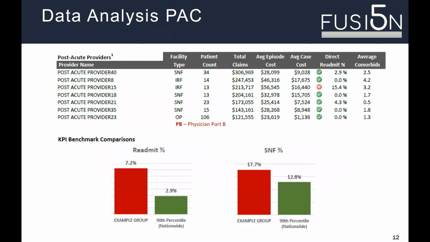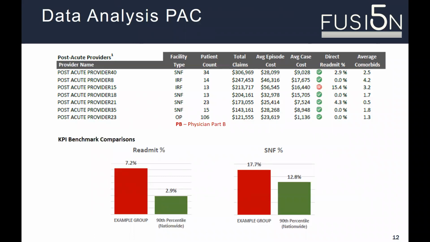And you'll notice at the bottom, what we have there is the benchmark comparisons of your group compared to the 90th percentile, or the top 10% performing based on the OrthoForum or OrthoConnect percentages. So this group, for example, for readmit percentage is at 7.2%, when the top 10% was at 2.9.